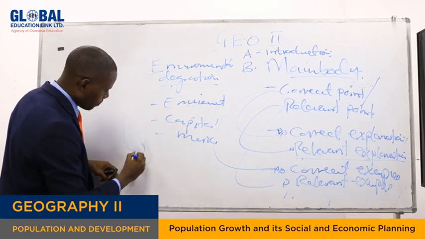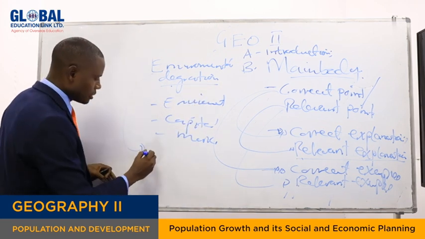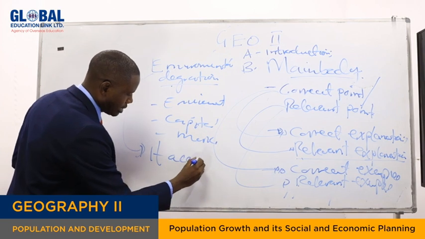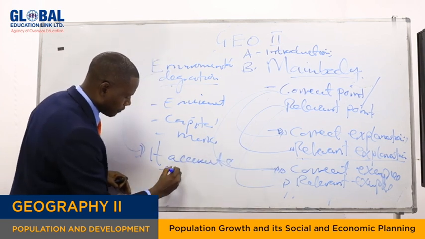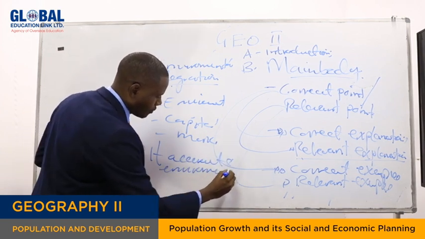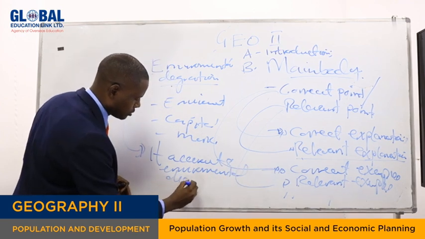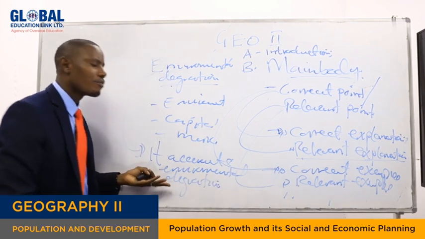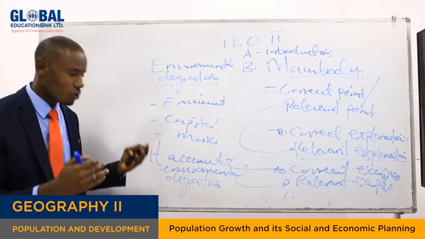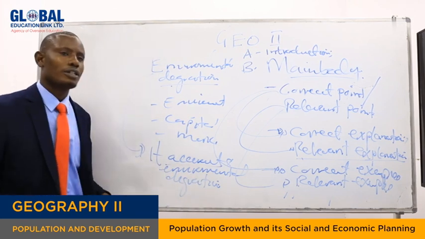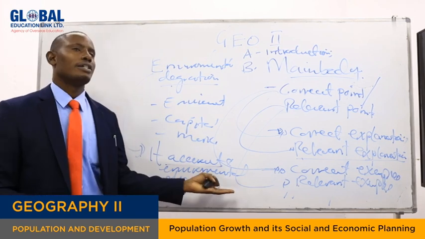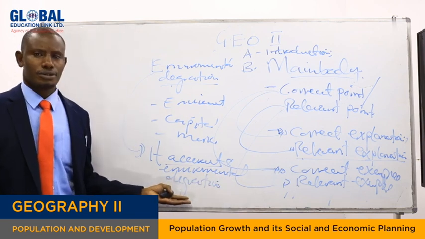Rather, the topic closed sentence requests you to say it accelerates environmental degradation. So this is one of the effects of high population growth. Somebody is aware that over there is the acceleration of environmental degradation. But if you write just environmental degradation, this is not the topic closed sentence.